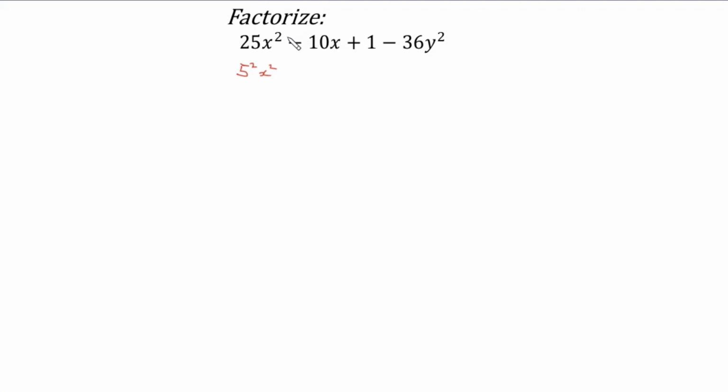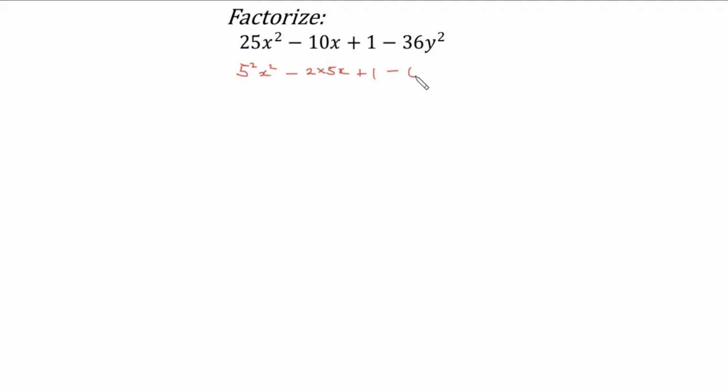The factors of 10, you can write 10 times 1, or 2 times 5. So we can write minus 2 times 5, which gives us 10. 2 times 5, then write x plus 1, minus 36. The square root of 36 is 6.